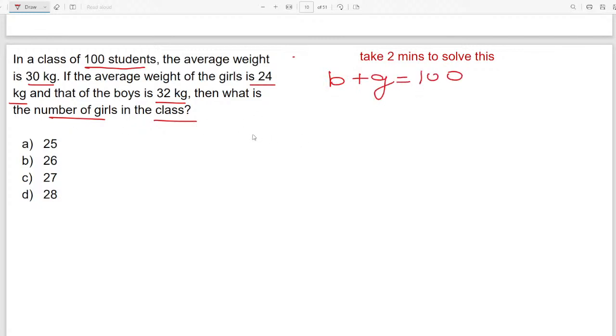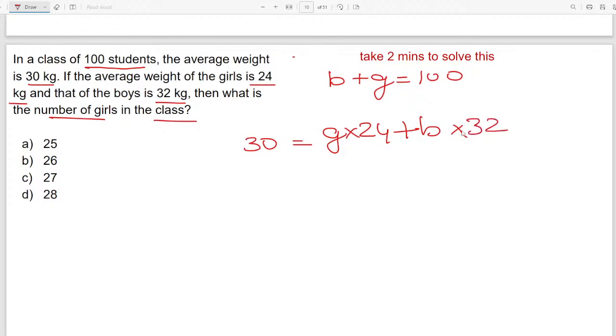And we know that the average for the whole class is 30. And the average weight of the girls is 24, so the number of girls is G into 24. Then we have boys, B into the average weight of the boys, which is 32.